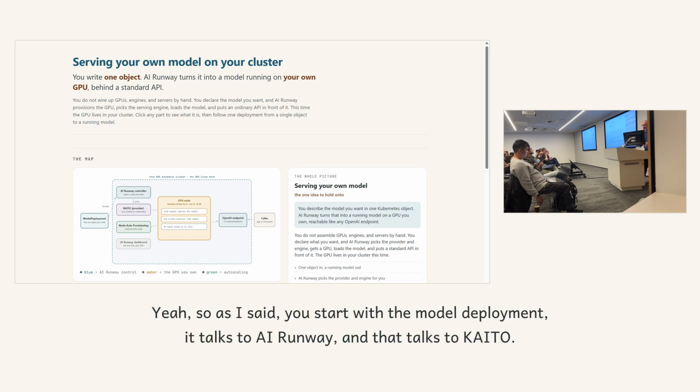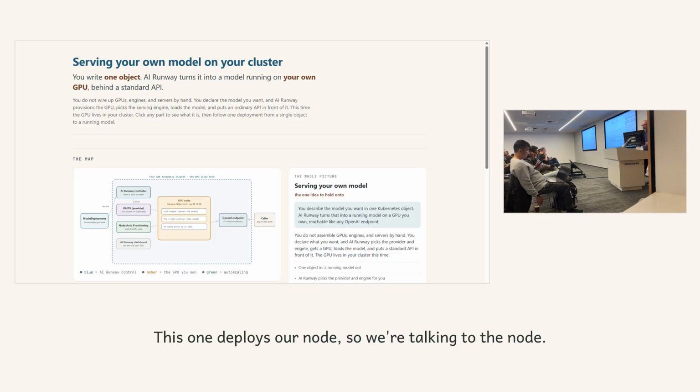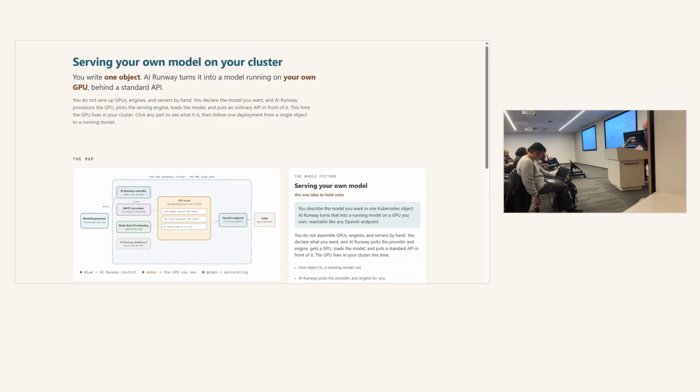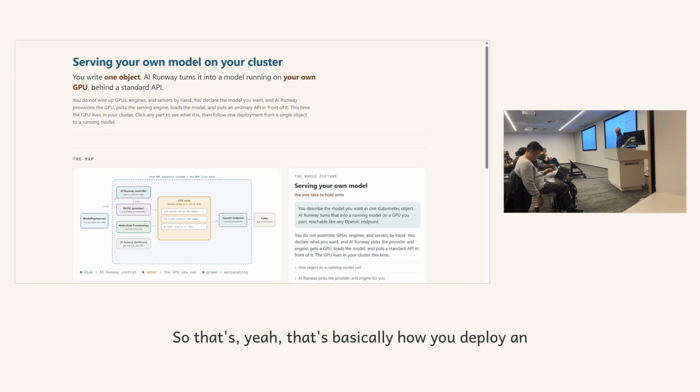As I said, you start with the model deployment, it talks to AI Runway, and that talks to KAITO. This one deploys our node through talking to node auto provision. It provisions the vLLM, the Phi model, the KV cache for it, and then finally exposes the API. So that's basically how you deploy an AI model.